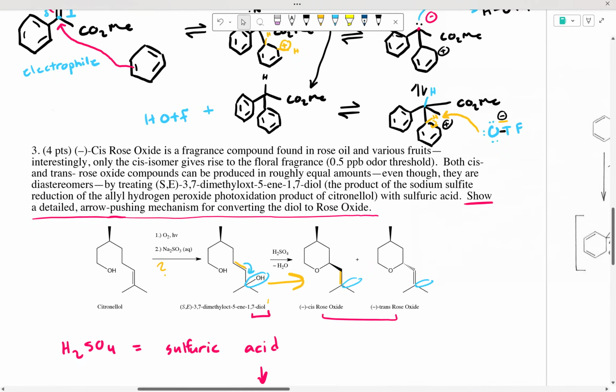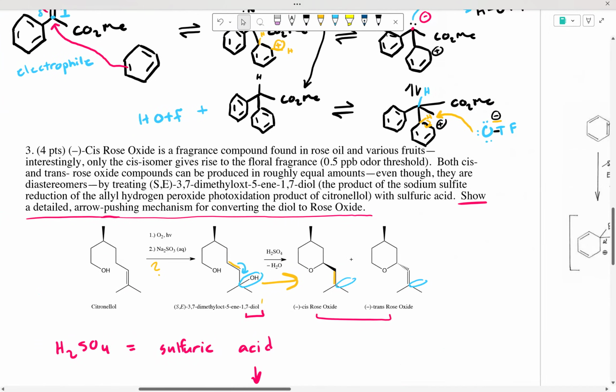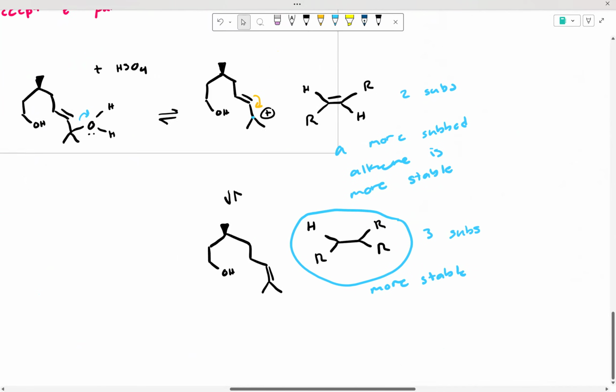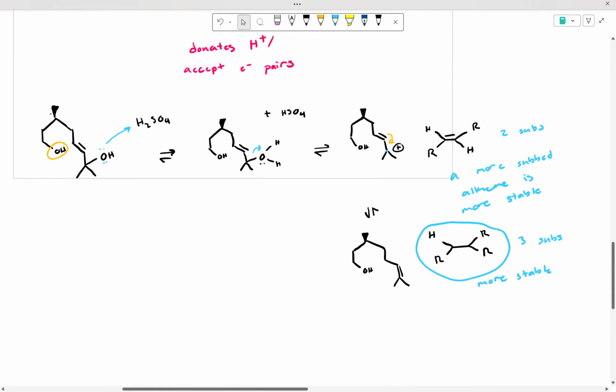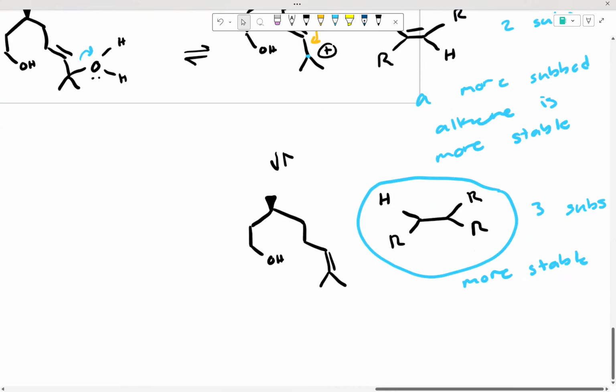I don't think this will be tested, but if we think back to the last practice quiz, the more stable alkene is the thermodynamic product.